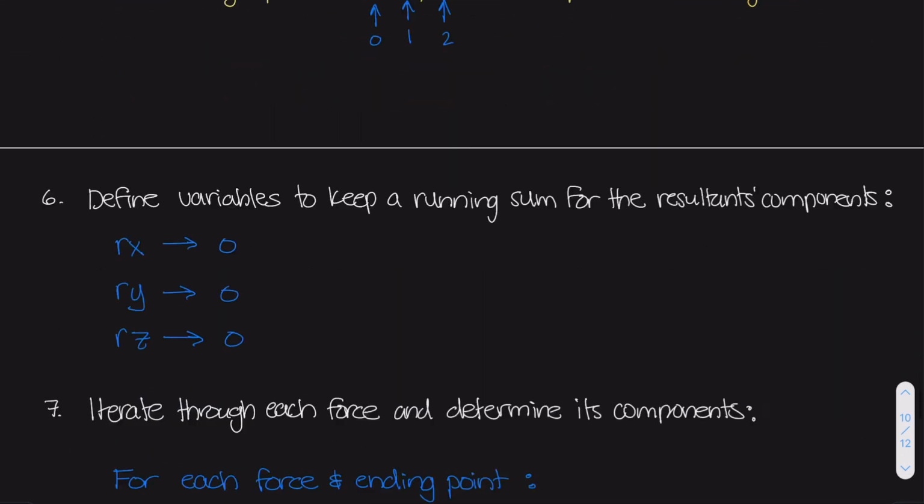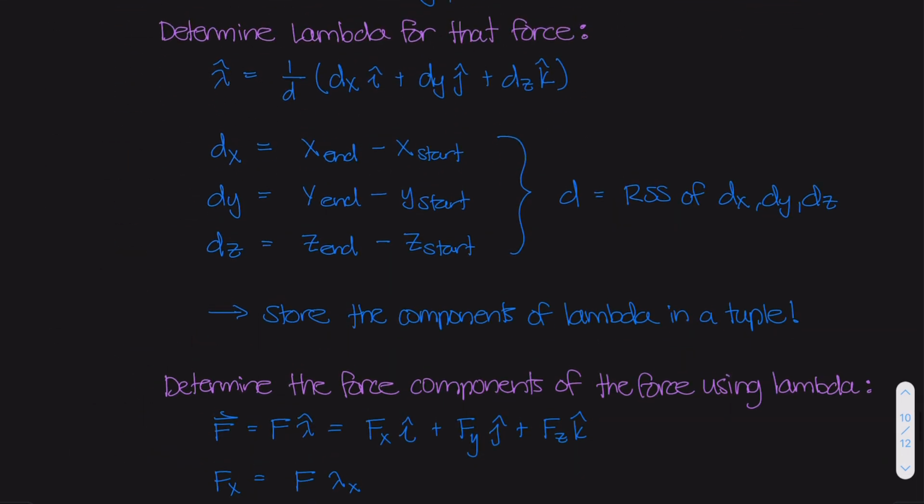So back in this for loop, when we're trying to figure out what lambda is for each one of those lines of action, our ending point is going to be whatever point we're iterating over for that particular force, and our starting point is always going to be the origin, right? The origin, A0, for all of these different forces acting on particle A.